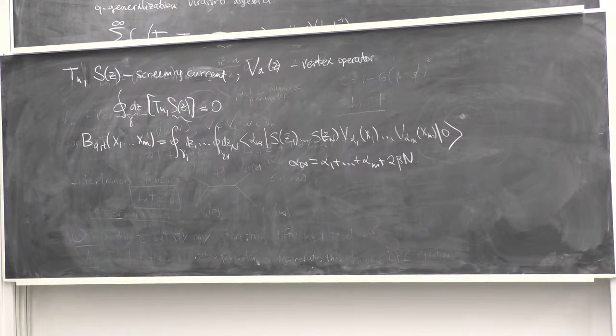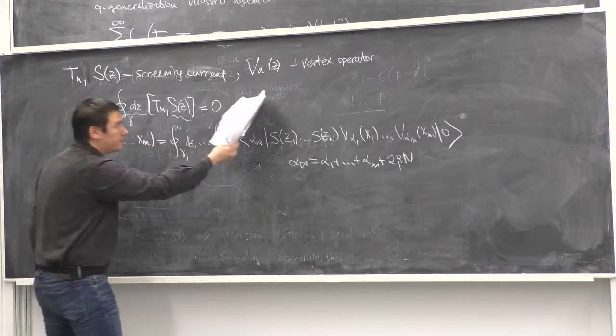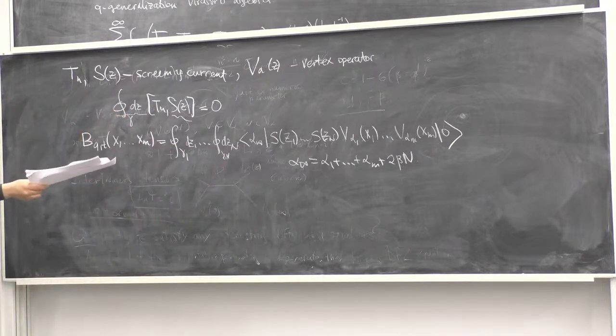And here, all of them are similar to this formula T of Z that we have there. T, S, and V are objects of the same form that we discussed on the right-hand side.